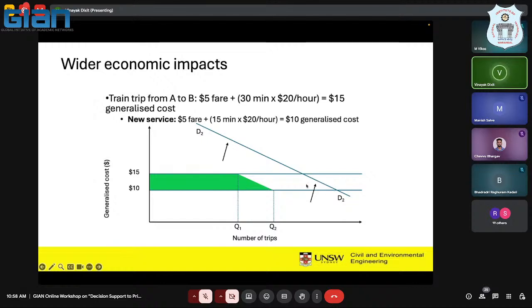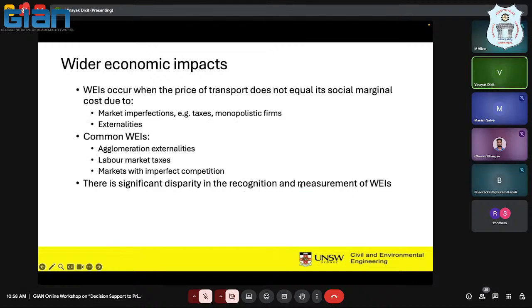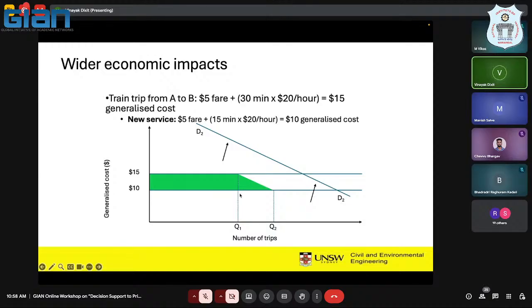So you'll end up having more benefits here. This is what a wider economic benefit means: the entire demand curve shifts. So how do we accommodate and model that the entire demand curve is shifting?